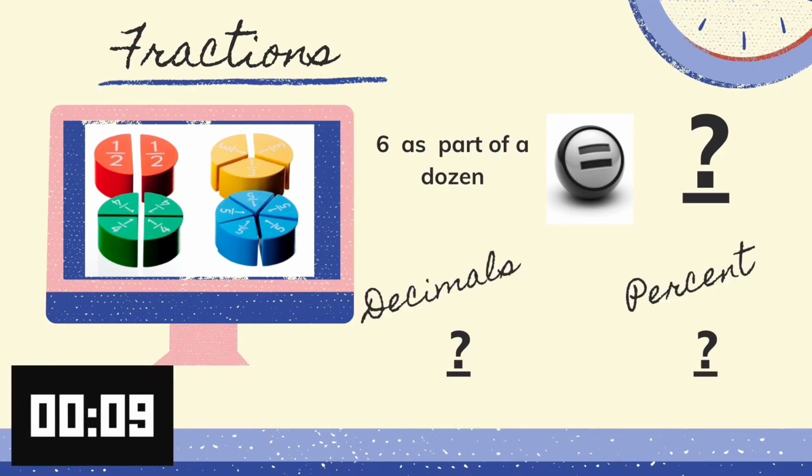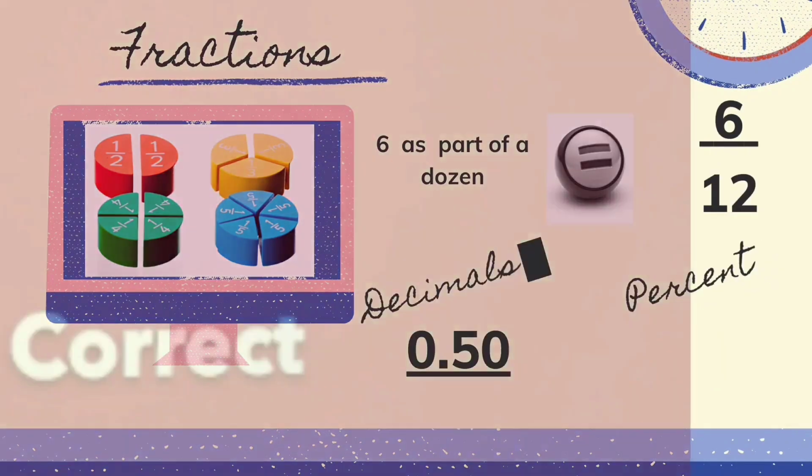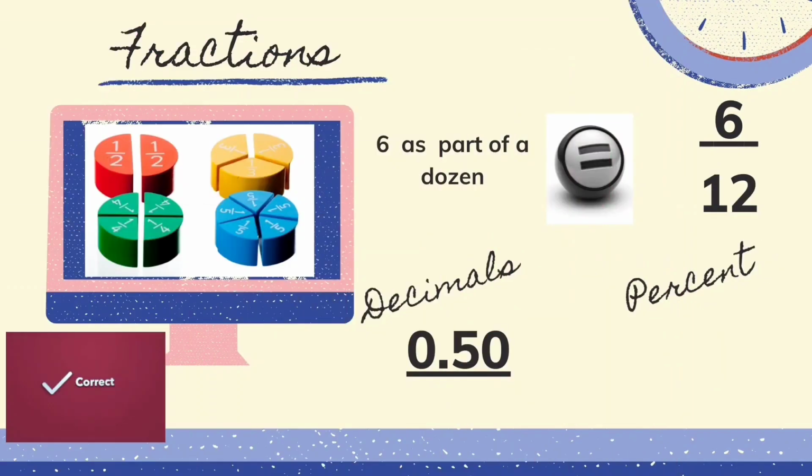Okay, time is up. 6 as a part of a dozen, the fractional part will be 6/12, and the decimal will be 0.50. You just divide 6 by 12.